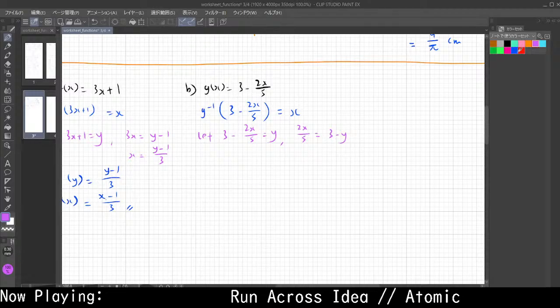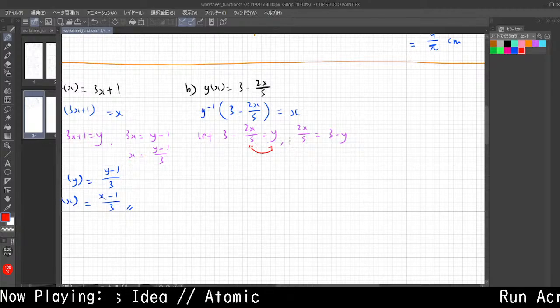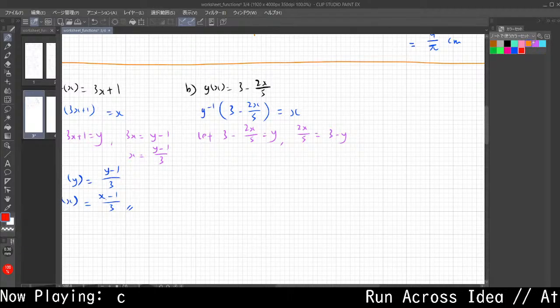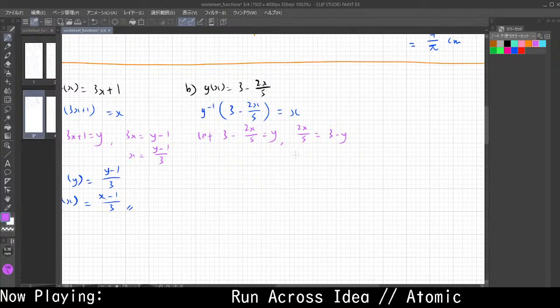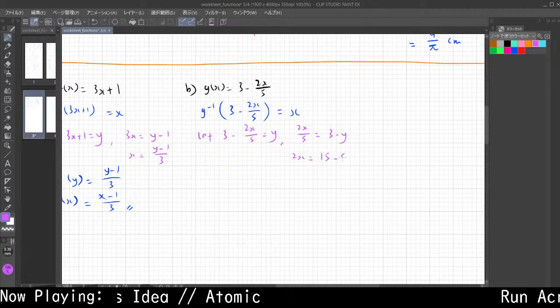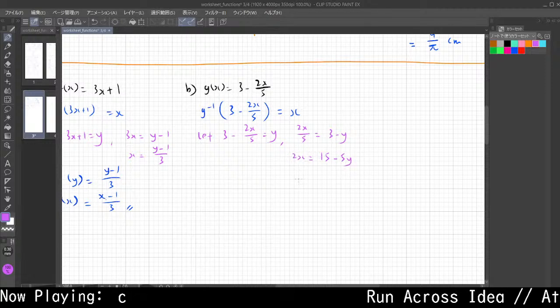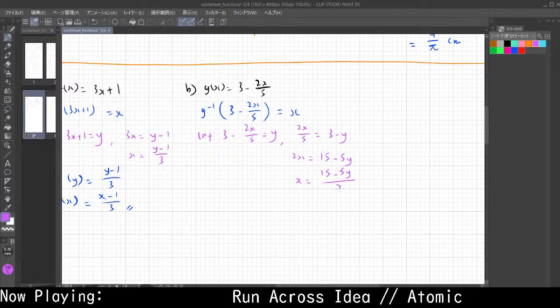This can be done by swapping the two places of these two. So y becomes minus y, negative 2x over 5 becomes 2x over 5. Okay, the 5 I bring over, I get 2x equals 5 multiplied by my right hand side. I times 3, 15. I times negative y, negative 5y. I want to find x in terms of y. 2 bring over to do division. X equals 15 minus 5y over 2.